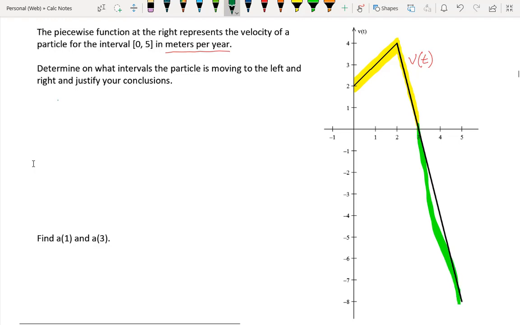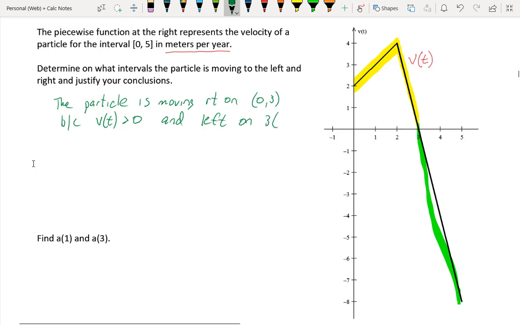So we could say something like the particle is moving right on 0 to 3 because v of t is positive or greater than 0, and left on 3 to 5, because v of t is less than 0.